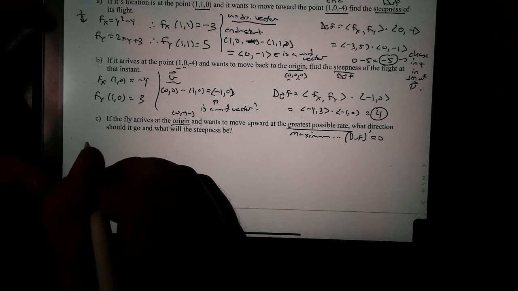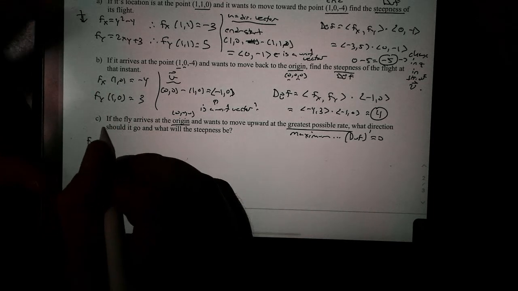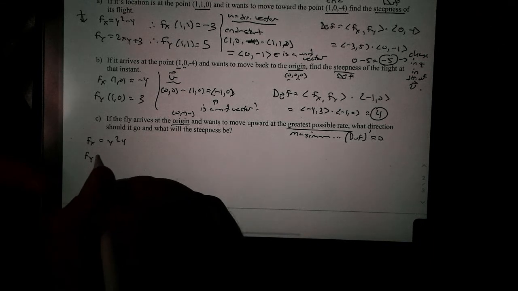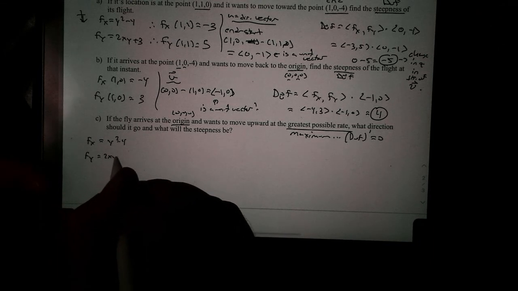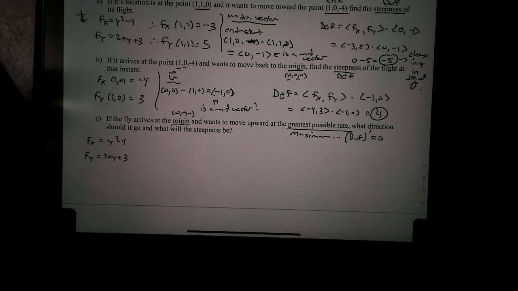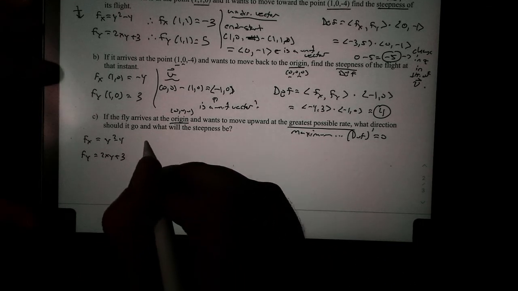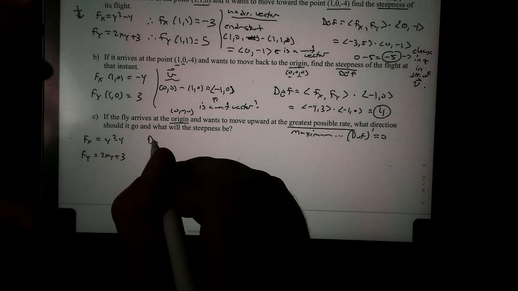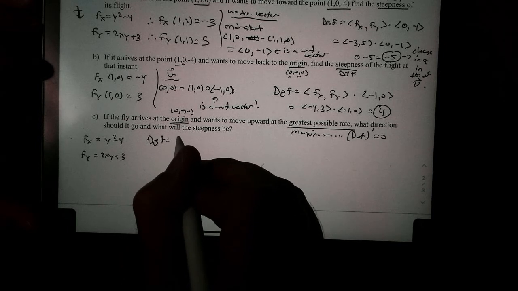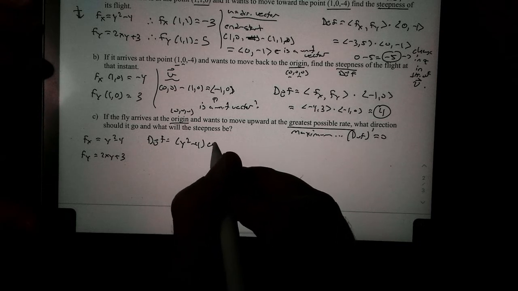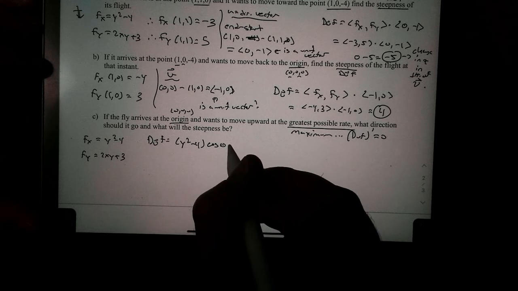Ready? Our partial with respect to x is just y squared minus 4. The partial with respect to y was 2xy plus 3. Now we don't know the direction this time, so we're going to keep it generic. So when I look for my directional derivative, it's going to be (y squared minus 4) times cosine theta.